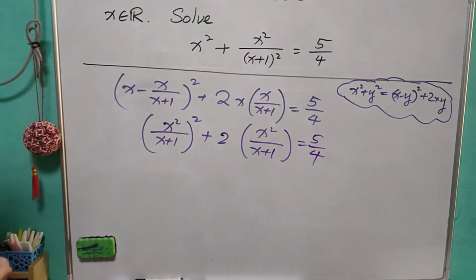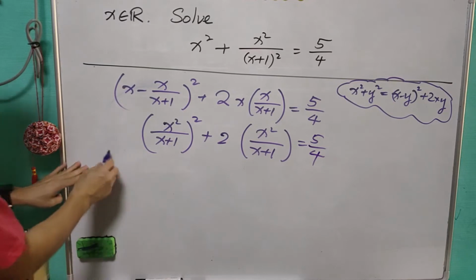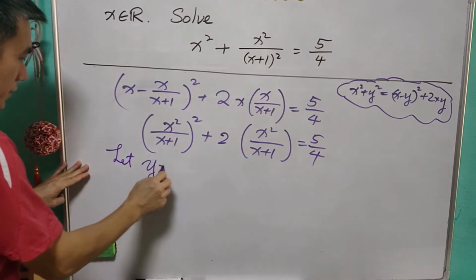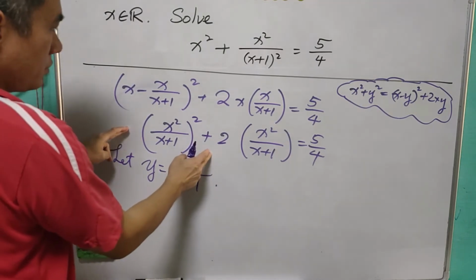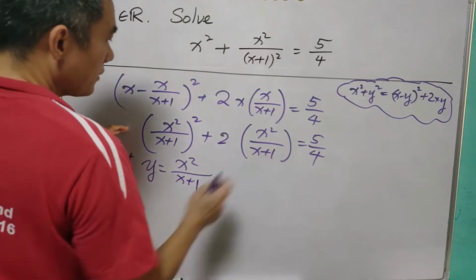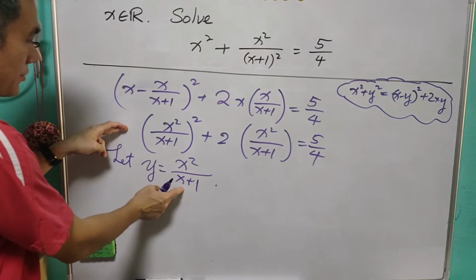Now this becomes a very simple quadratic equation if we let y be equal to x squared over x plus 1. So multiply each of the terms by 4 and use this substitution.